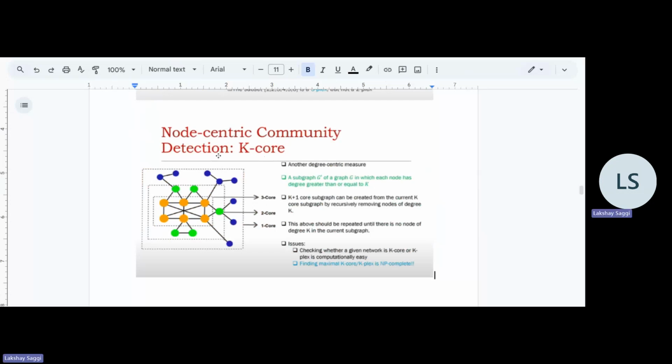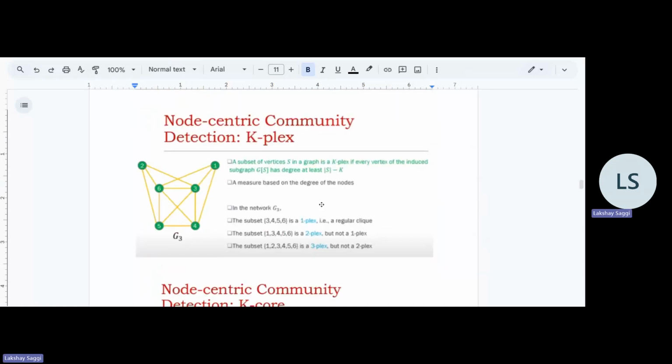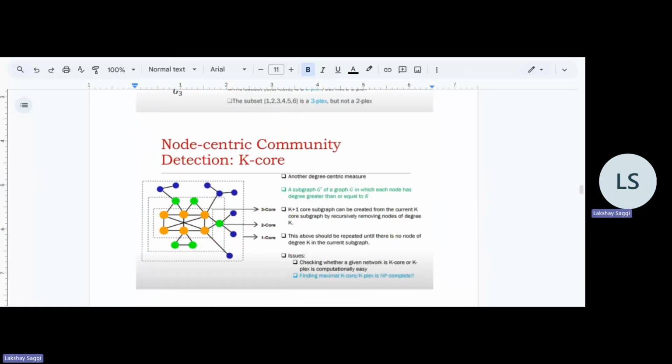If you want to do away with this kind of set-based definition, there's another thing called K-core, which is again a degree-centric measure. A subgraph G prime of a graph G in which each node has degree greater than or equal to K is called a K-core.